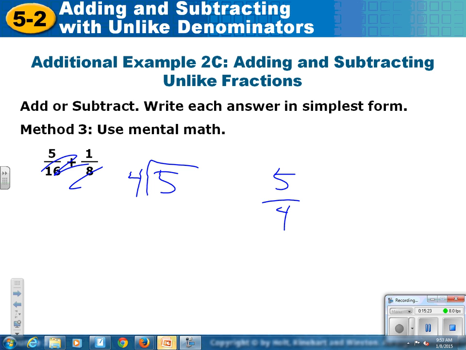Top divided by bottom. Bottom's on the outside of the house. 4 goes into 5 one time, minus 4. I'm left with 1. That's my remainder. 1 over 4. That would have been my answer. Okay? Yes? That's exactly what I just did.